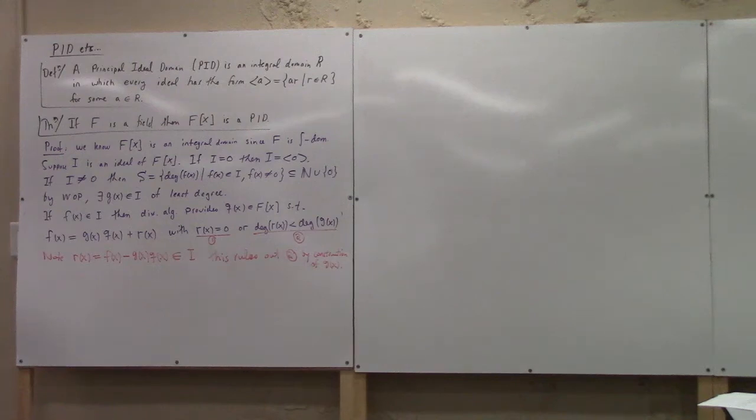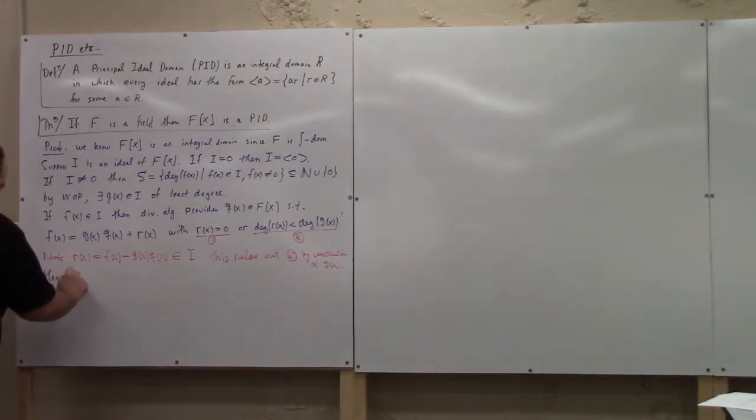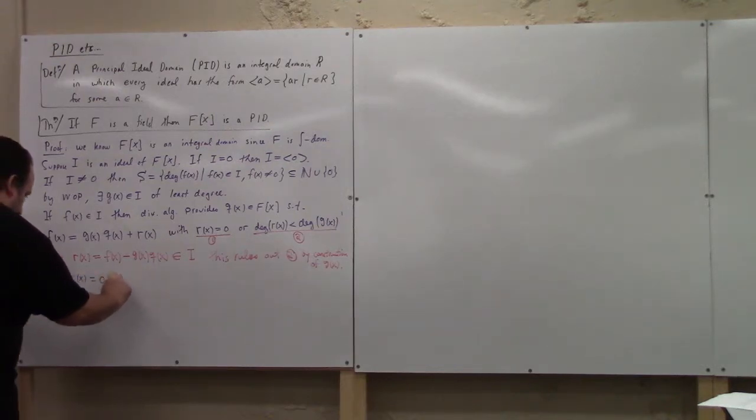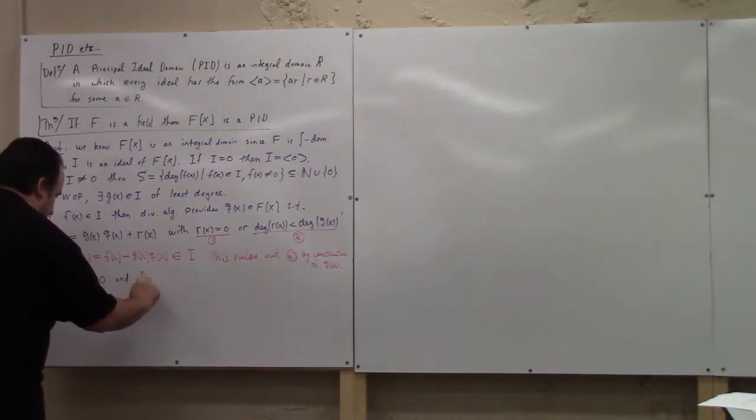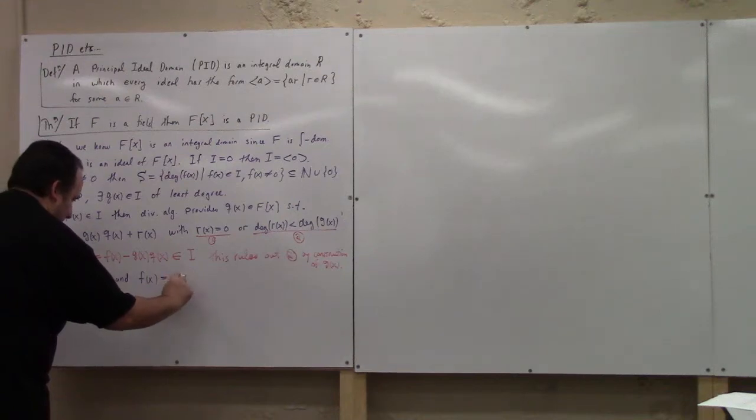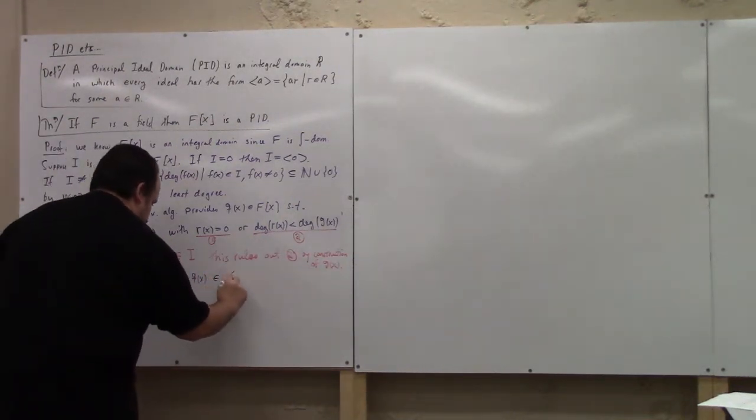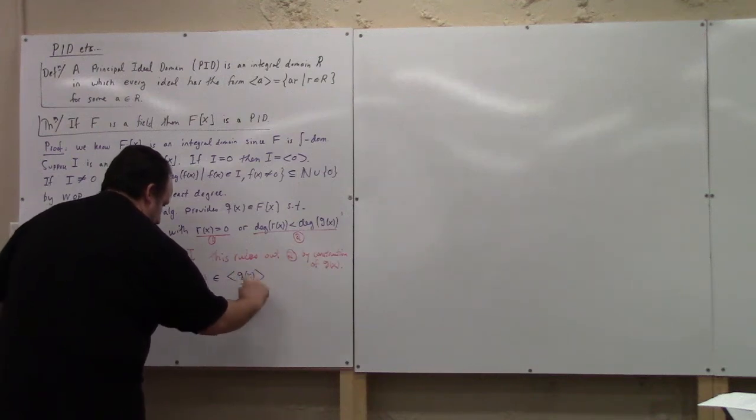Therefore, r(x) is equal to 0. What's that show? f(x) is equal to g(x) q(x), which, by the way, is an element of the ideal generated by g(x).